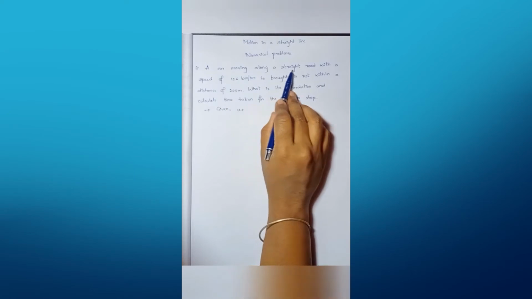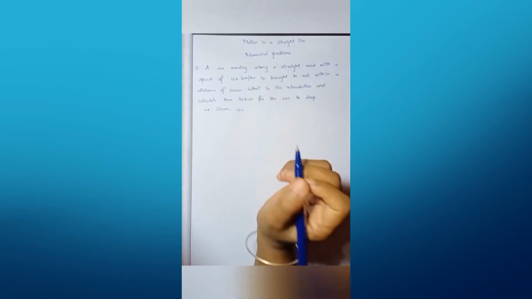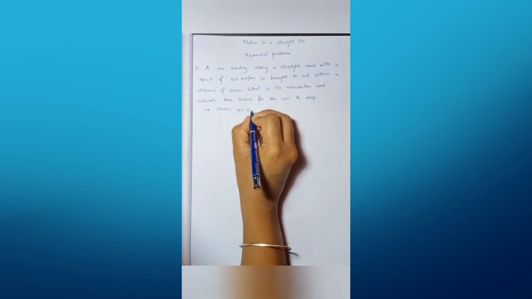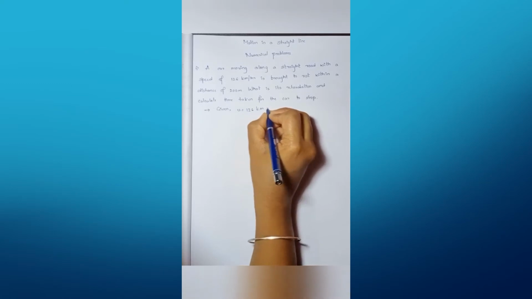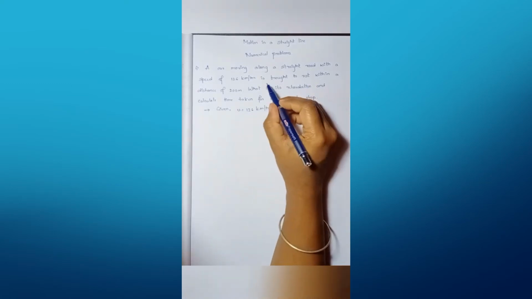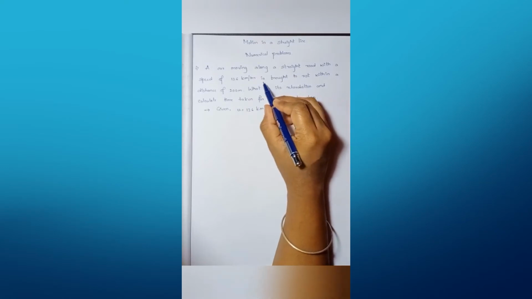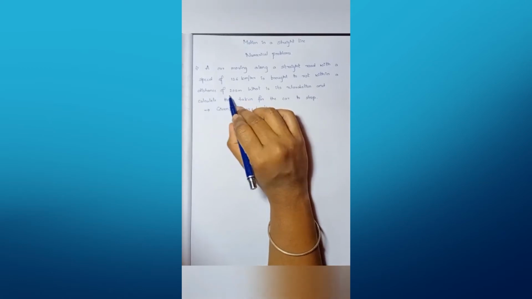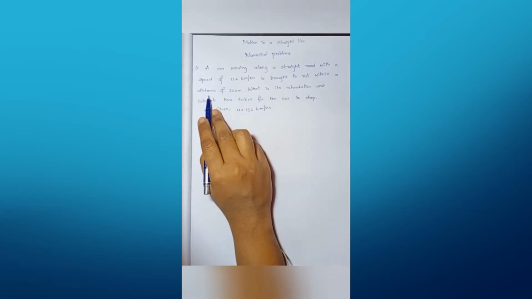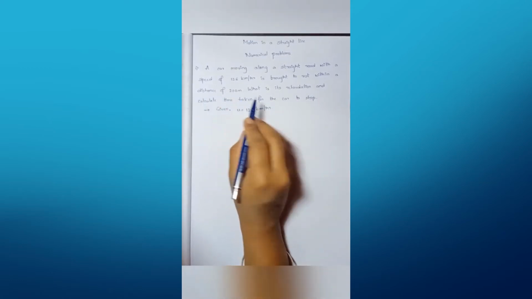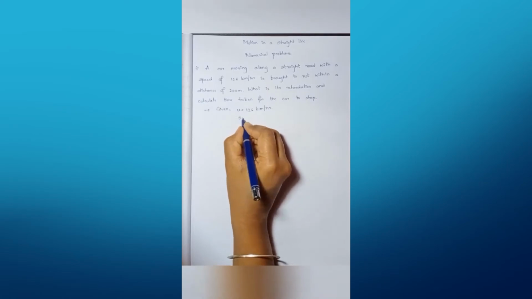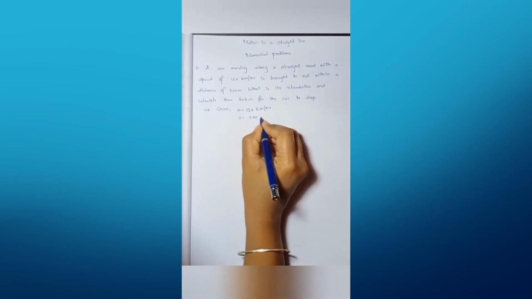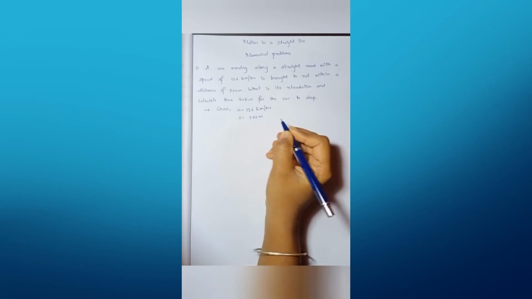So u is equal to 126 kilometer per hour. Next, brought to rest within a distance of 200 meters. The distance, we'll write as s is equal to 200 meter.